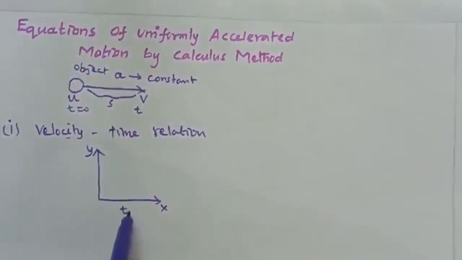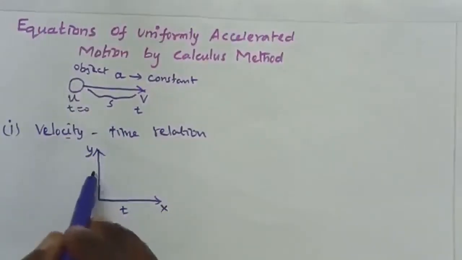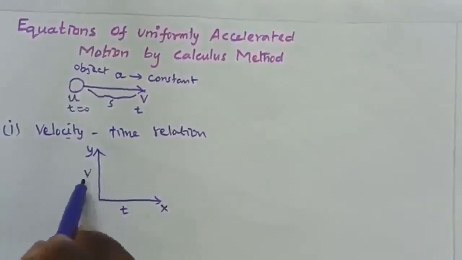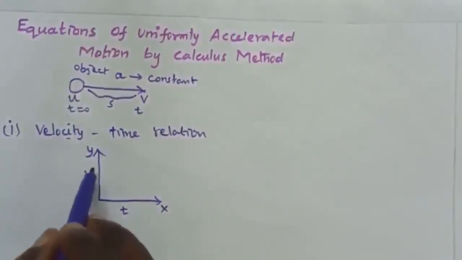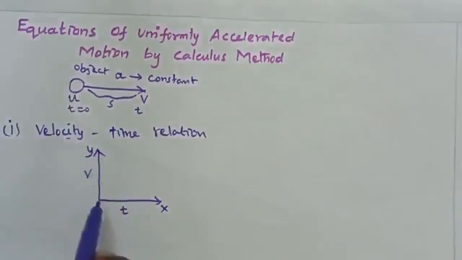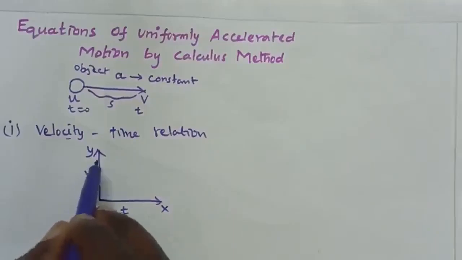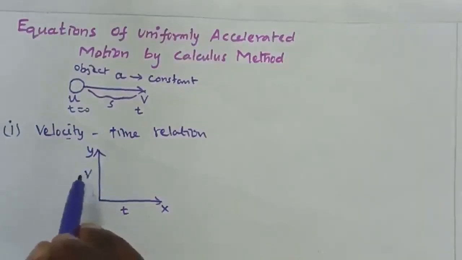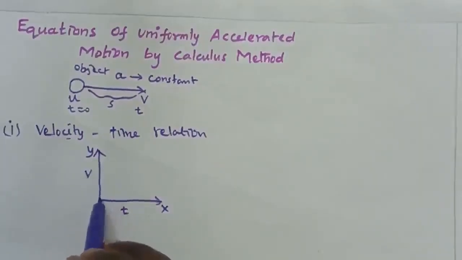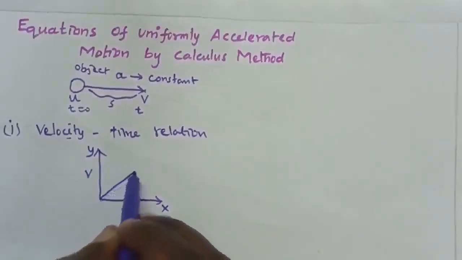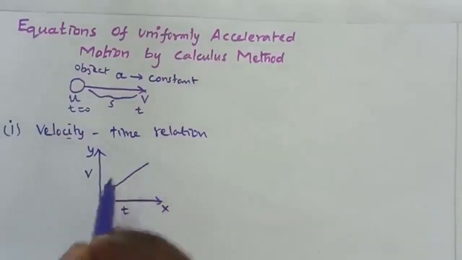Time is the independent quantity, so it is along the x-axis. Velocity changes, so it is the dependent quantity, along the y-axis. The velocity of the particle changes with time as it moves in a straight line.